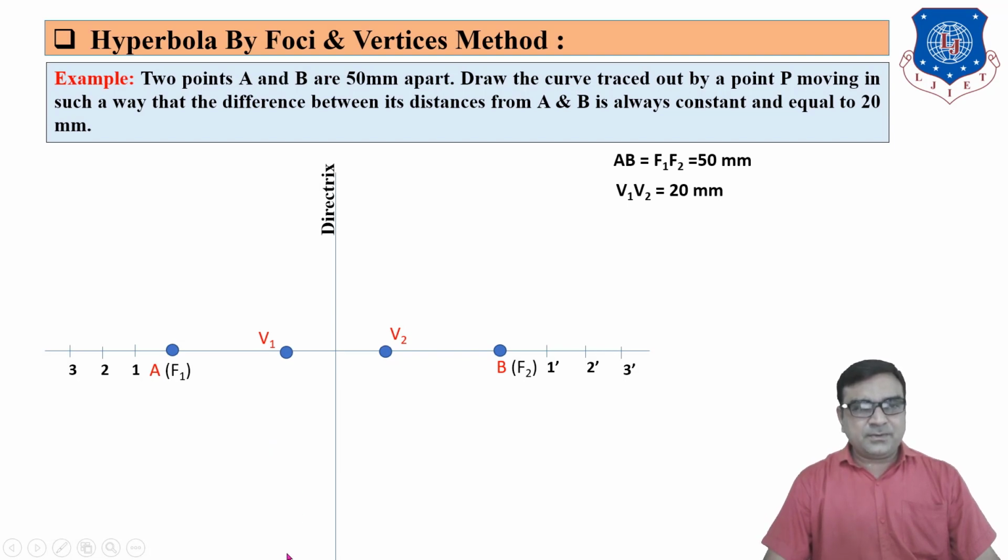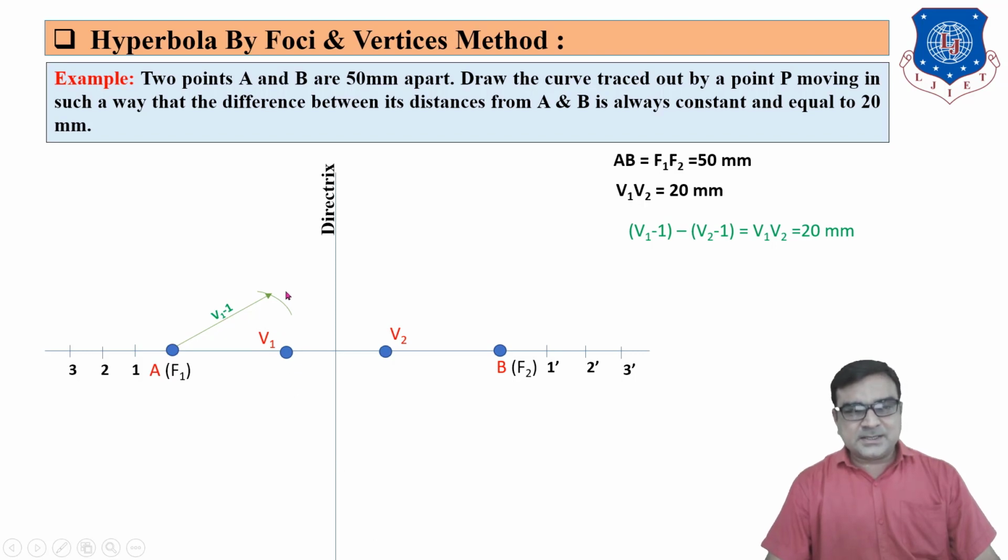Now to obtain the points of the hyperbola, according to the definition of hyperbola, for a point of the hyperbola the difference between its distances from focus F1 and focus F2 always remains 20 mm. So first of all, we have to take a compass and set center F1, radius V1 to 1, and draw an arc.